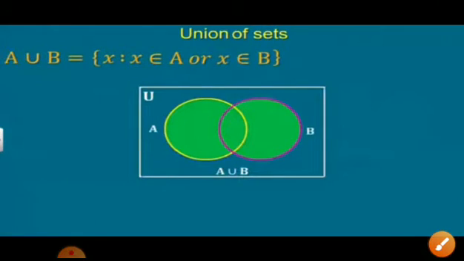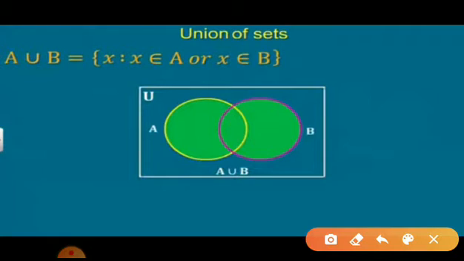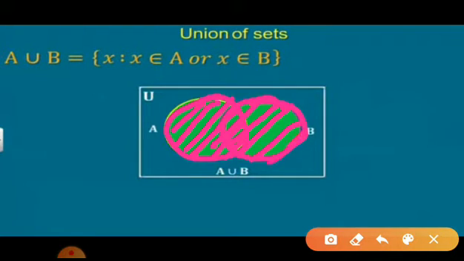Now the Venn diagram for the union set: U will be the universal set. Now two sets, its union means all elements of set A, so this is the whole set, and all elements of set B, again this is the whole set.